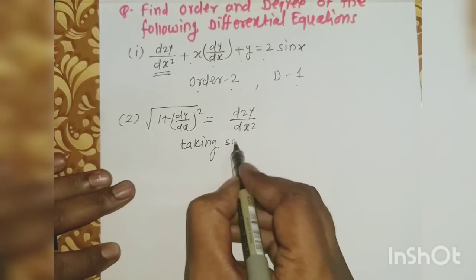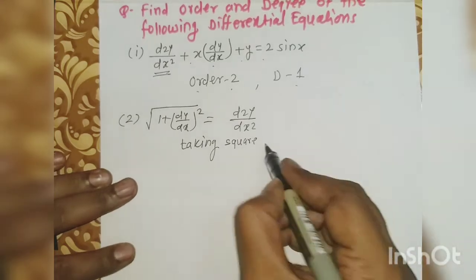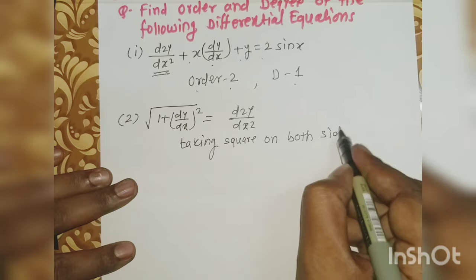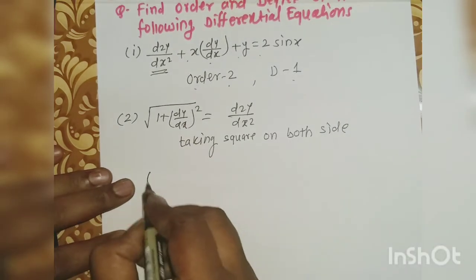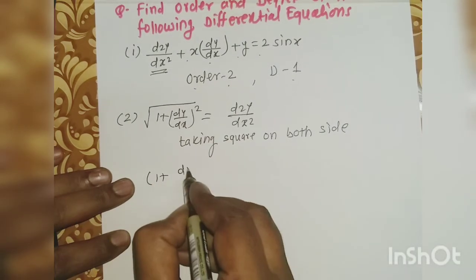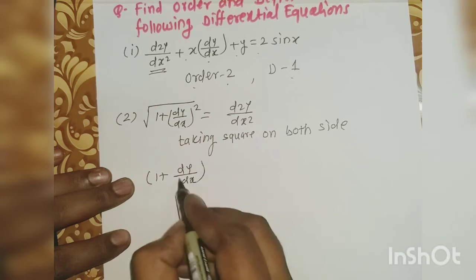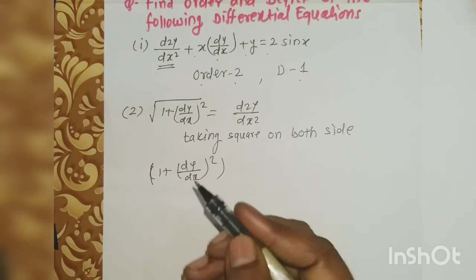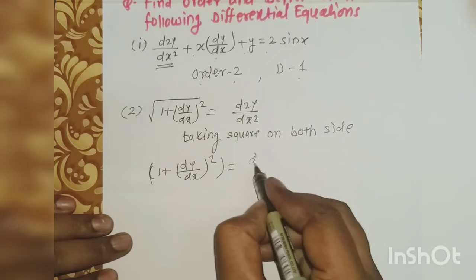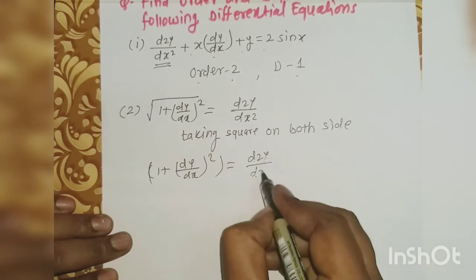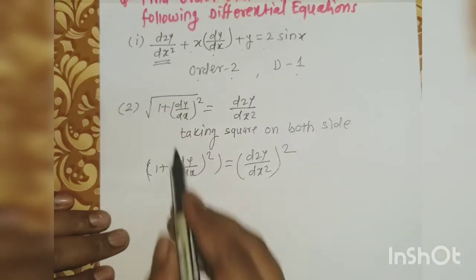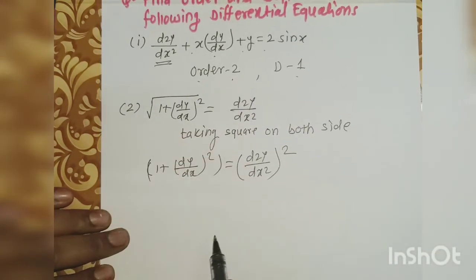Then left hand side is 1 plus dy by dx bracket square is equal to d2y by dx square bracket square, because taking square on both sides, this under root cancels.